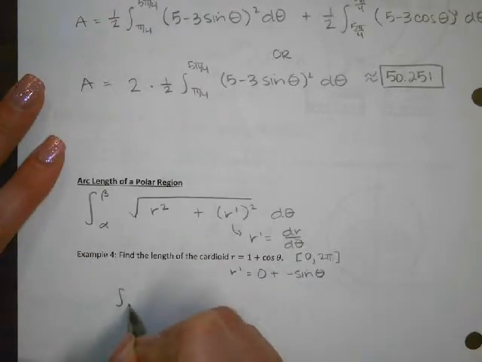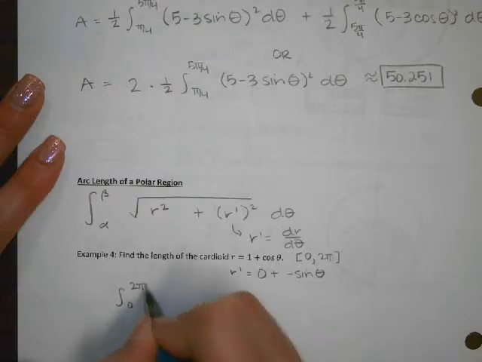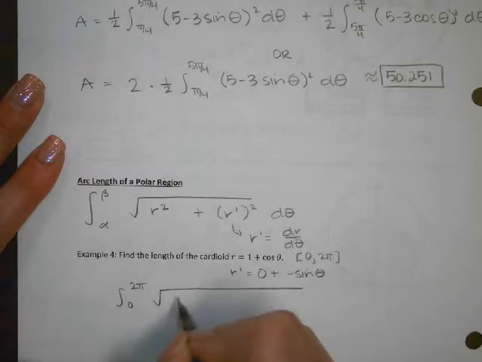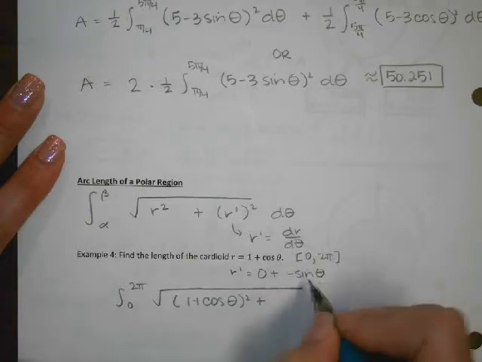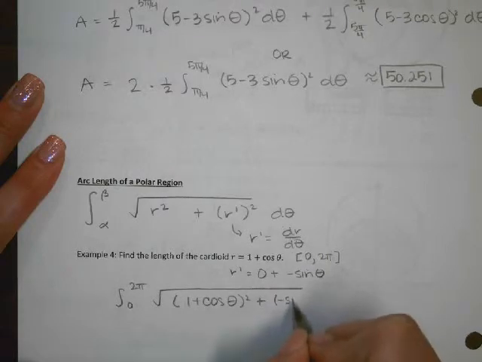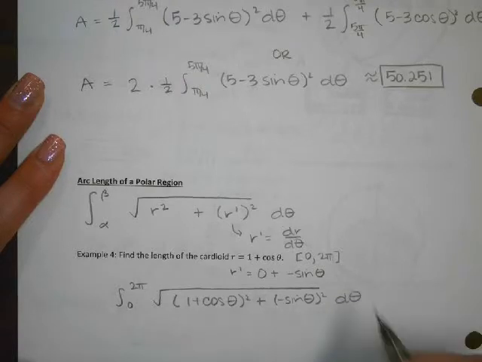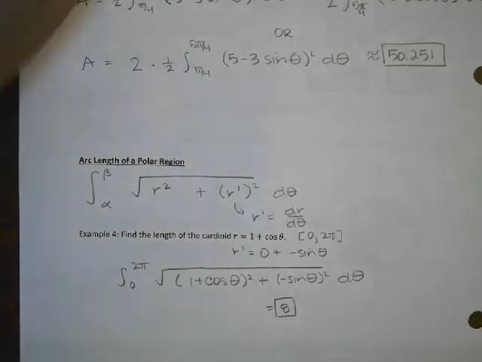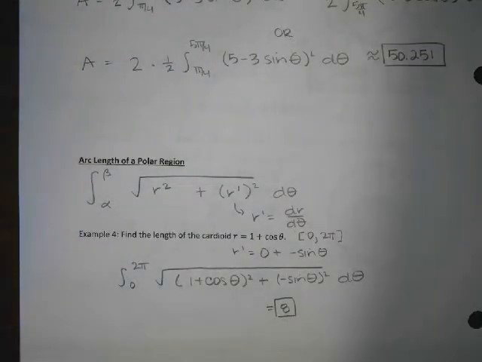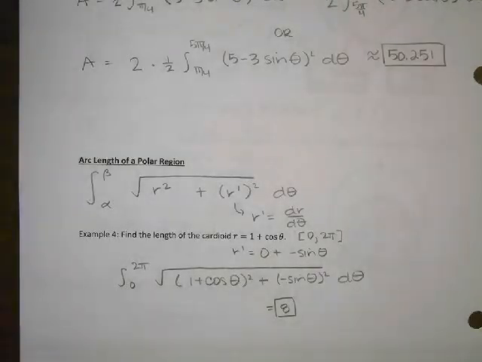And so the arc length is the integral from 0 to 2 pi of the square root of (1 plus cos theta) squared, so there's my r squared, plus my r prime squared d theta. And if you plug that in, you get 8. All right.